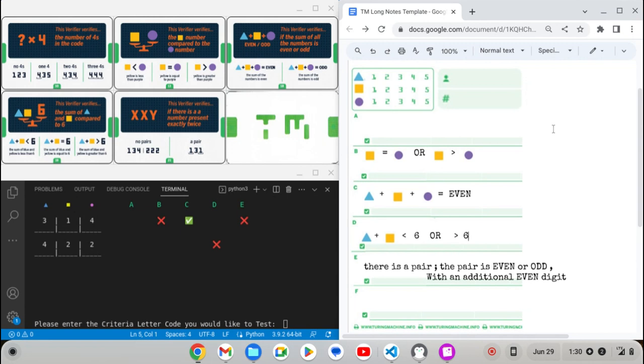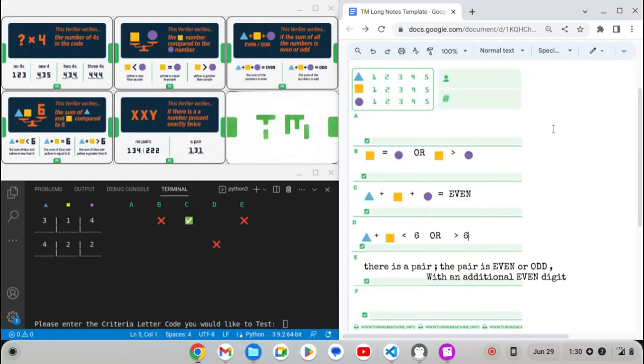Okay, so what can we say about triangle and square if they're not equal to 6? Well, we know it wouldn't be 4, 2 or 2, 4. Can we say definitively?